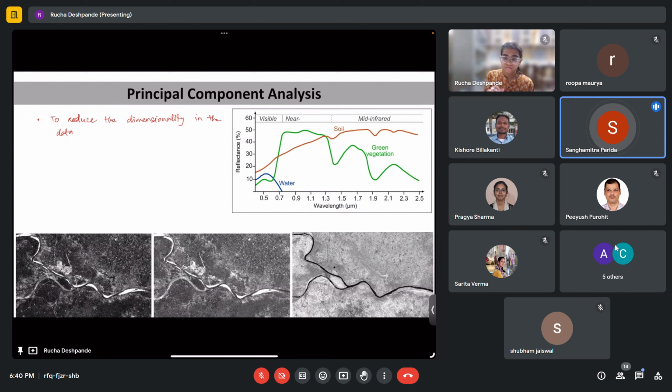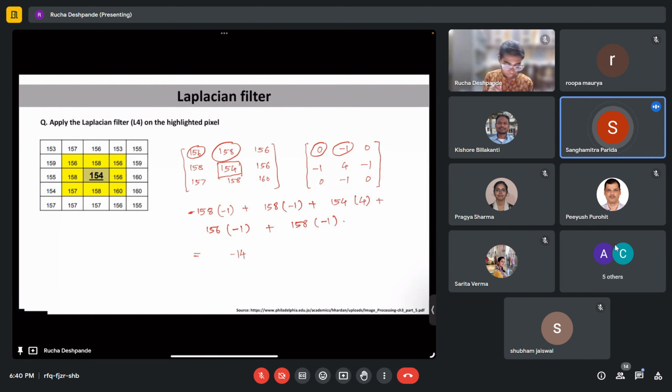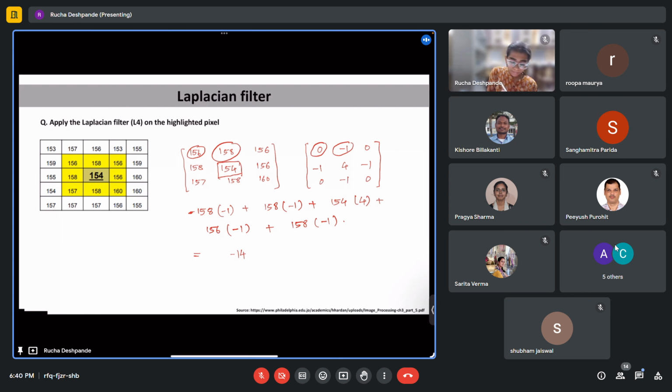We can apply that for any other. For 154, we have to do it like this. If it is any other number, suppose 156, then you apply the same filter on the neighborhood of 156. Okay.